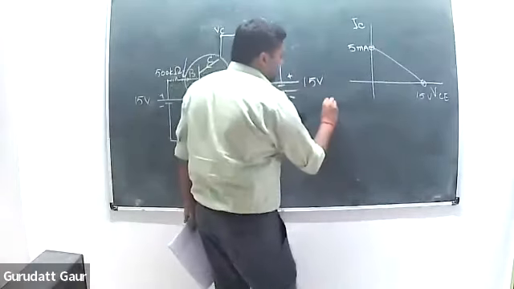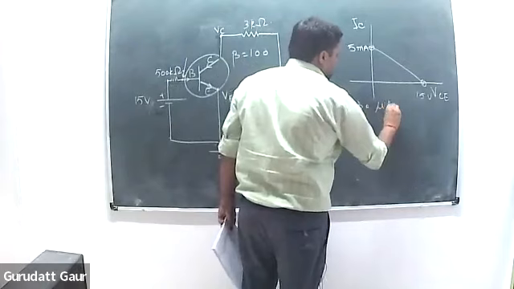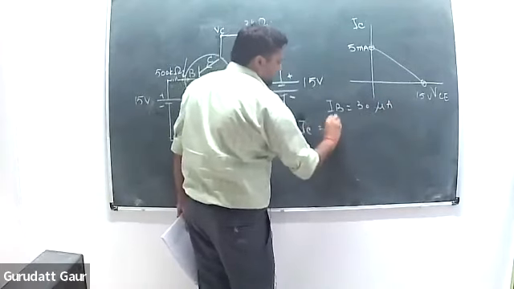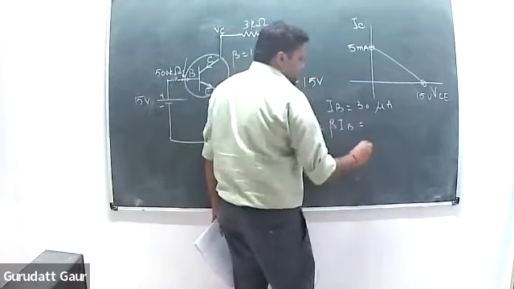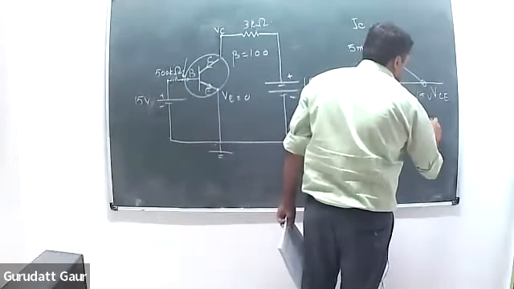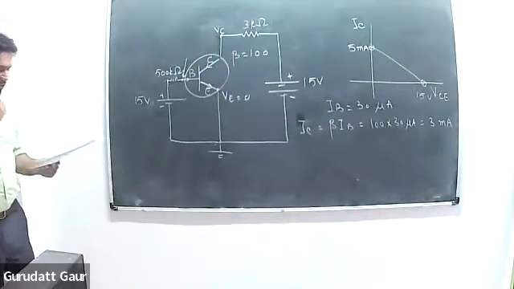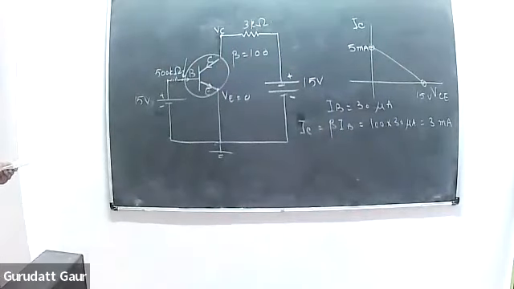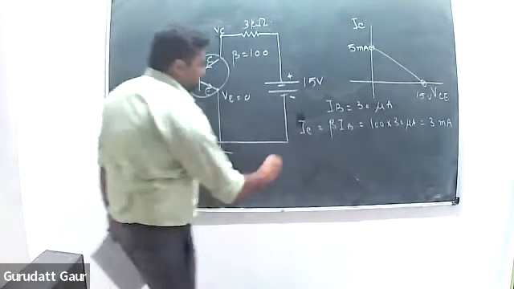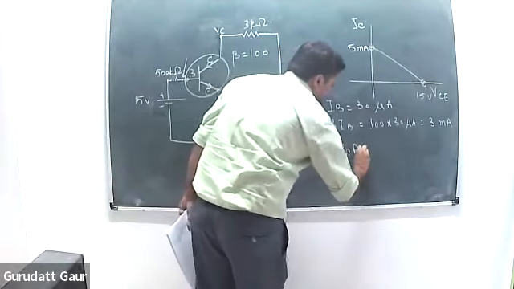All right. So we calculated IB, which came out to be 30 microampere. I can find out IC, which is beta times IB, beta being the current gain. So 100 into 30 microampere, that will come out to be 3 milliampere. This is the IC. And then VCE will be VCC minus IC, the third step of the analysis.